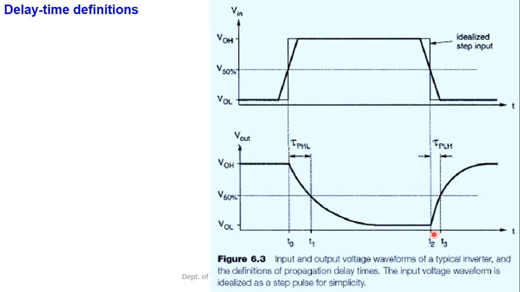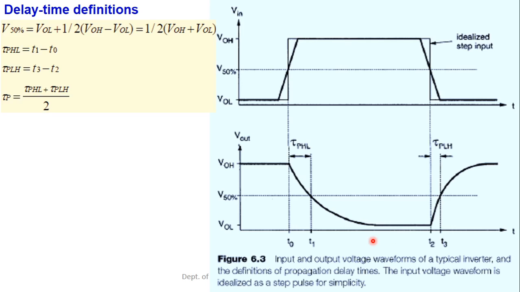Normally tau PHL and tau PLH are not of the same value, they are of different values, because charging and discharging do not happen through the same path. They occur via different paths, and hence the values of these two propagation delays are not the same.